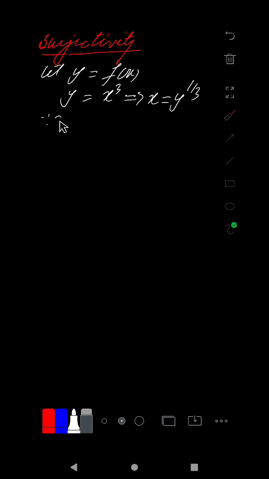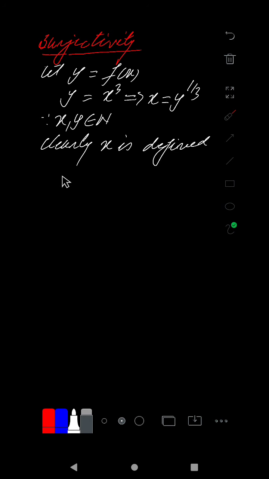Since x and y both belong to N, the set of natural numbers, so clearly x is defined for all y is equal to 1, 8, 27, and so on.